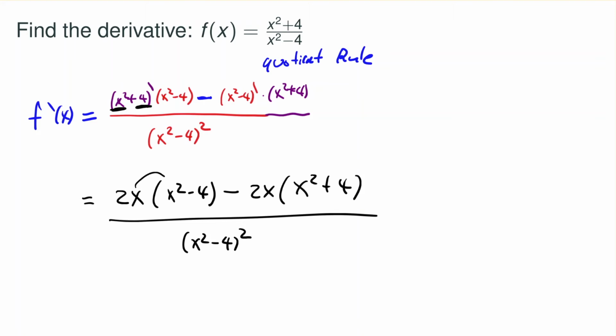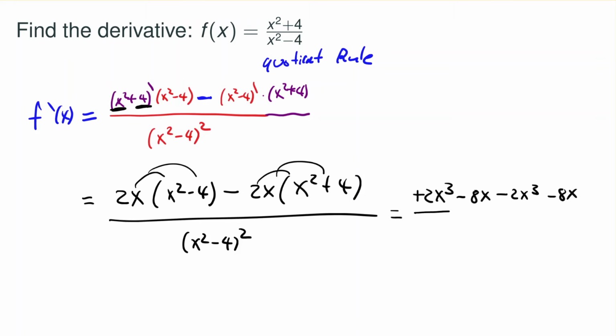So then we can distribute 2x, negative 2x. We get negative 2x cubed minus 8x minus 2x cubed minus 8x. Oops, this should be positive. I don't know why I wrote that minus.